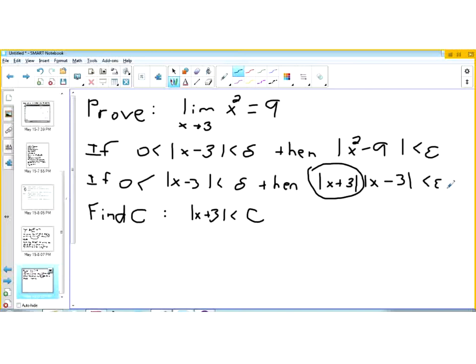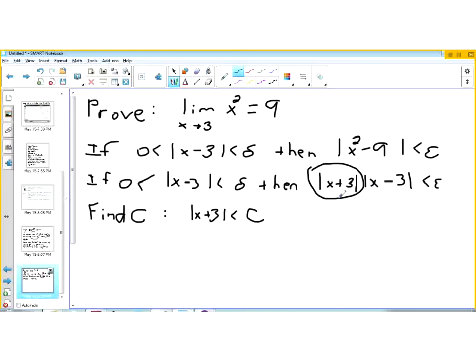Because if we can do that, then we can use our customary technique of swinging it over to the right-hand side. We'll have epsilon over C, and that will be our choice for delta. So we need to find basically an upper bound for the factor x plus 3.